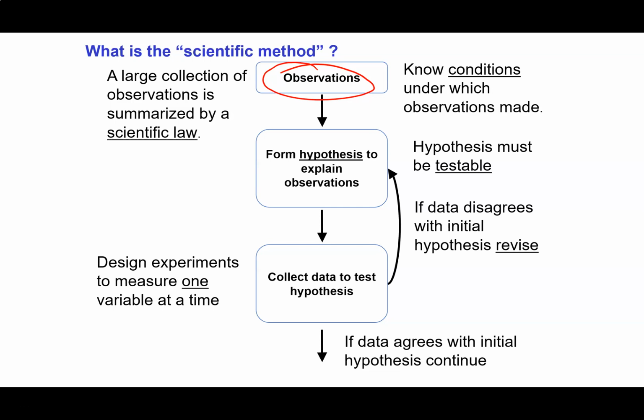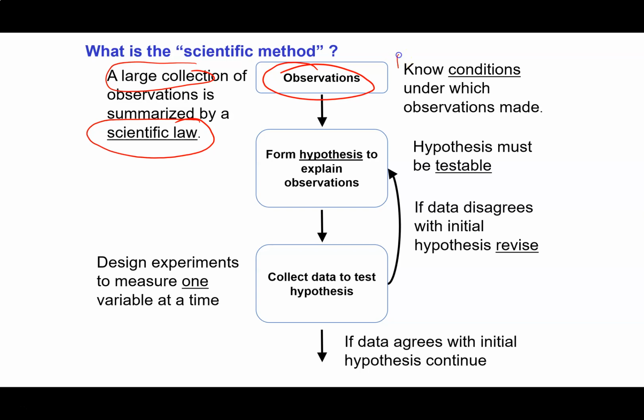But what you're going to get is a large collection of observations, and hopefully, this could take some time, you'll try and summarize what the key trends are in this large collection of observations. And that's what we mean by a scientific law. A scientific law is a summary of the key aspects of a large number of observations.